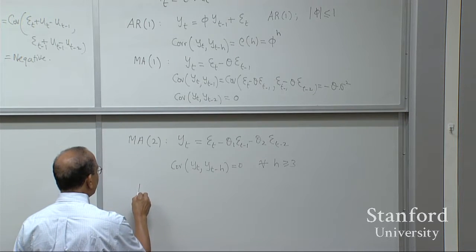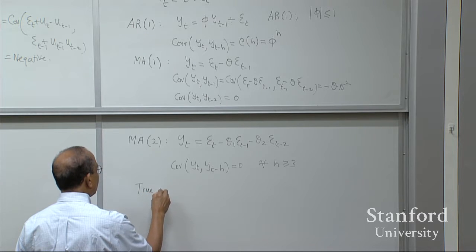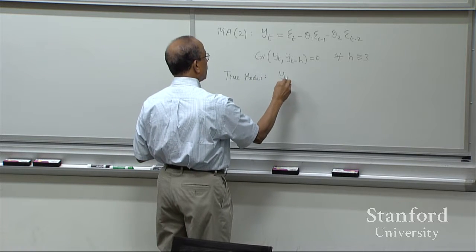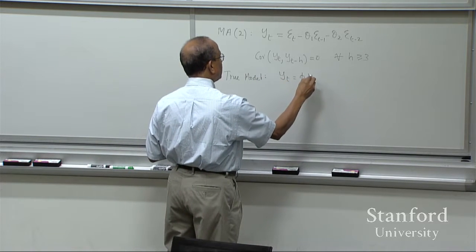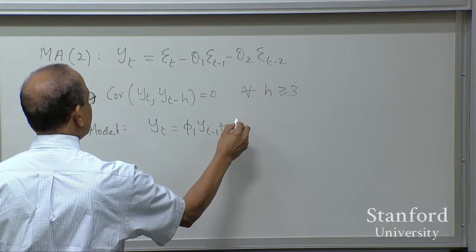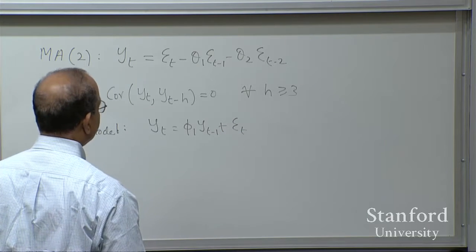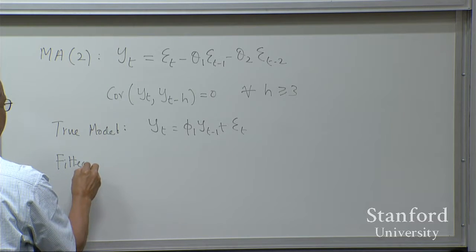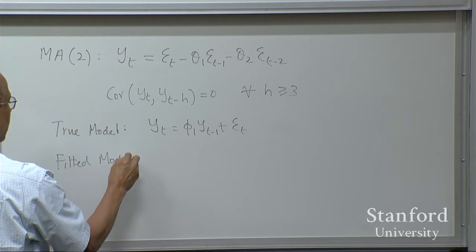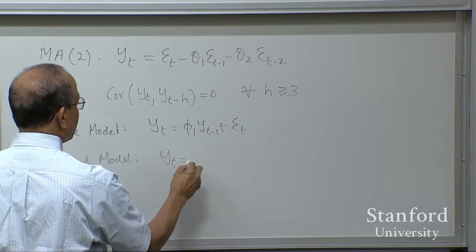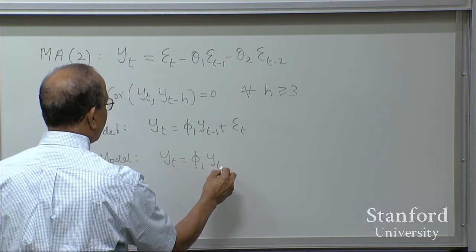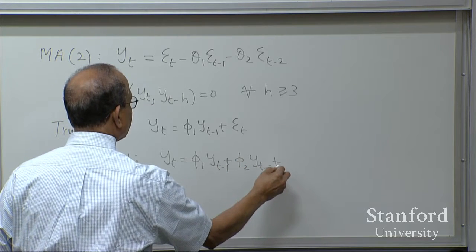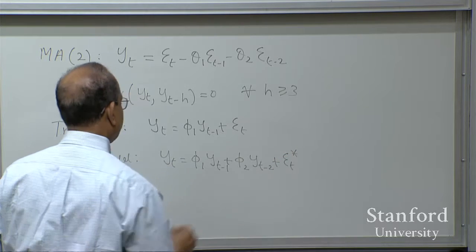Suppose the true model is yt is pi 1 yt minus 1 plus epsilon t. But you force a model on the data, say the fitted model: yt is equal to pi 1 yt minus 1 plus pi 2 yt minus 2 plus epsilon t star.